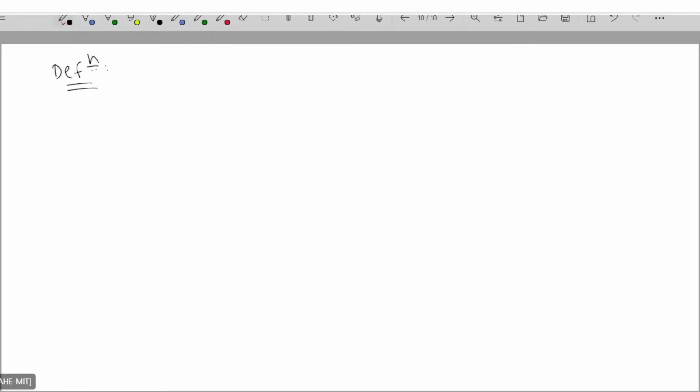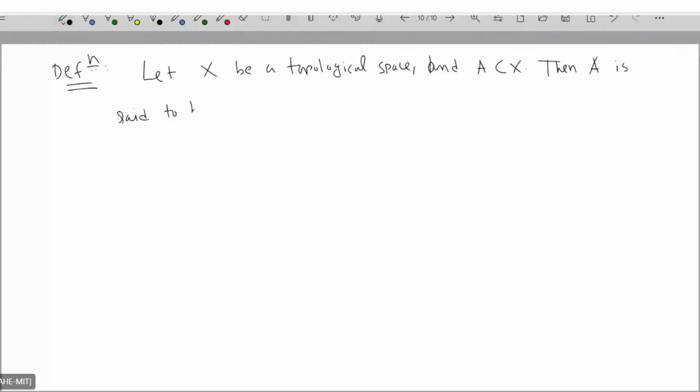Definition. Let X be a topological space and let A be a subset of X. Then A is said to be nowhere dense if the interior of A closure is the empty set.